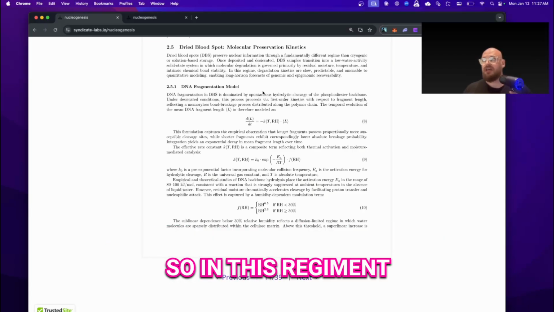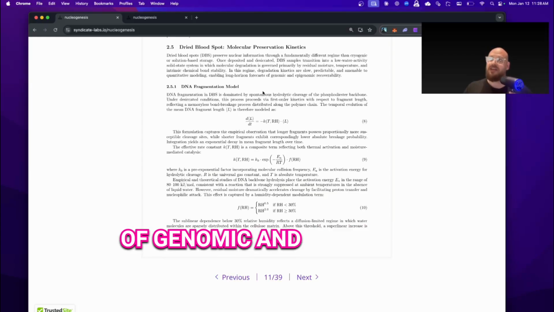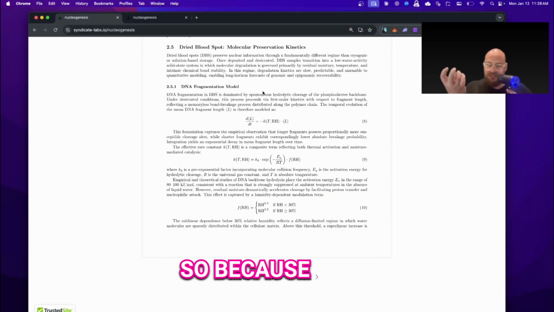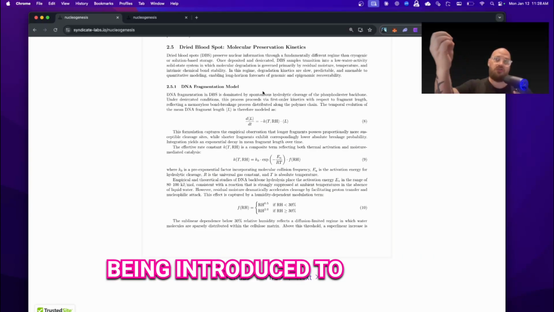In this regimen, degradation kinetics are slow, predictable, and amenable to quantitative modeling, ensuring long horizon forecasts of genomic and epigenomic recoverability. Because it's in a dried blood spot, it's meant to be preserved, and so it's limited by the amount of moisture that's being introduced to the card.